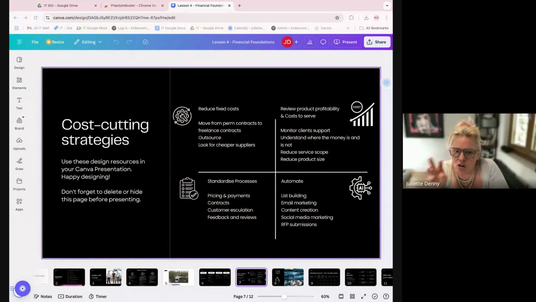So it's not just understanding where the money is made on the product and service. It's also pulling apart what the client really values about that product and service.